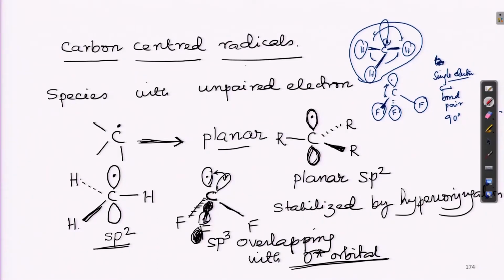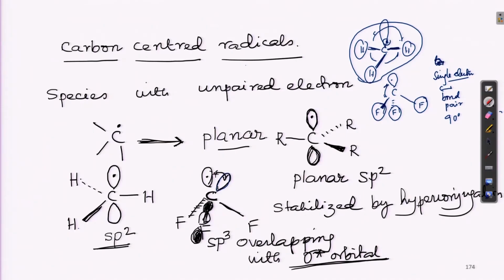Then what you can do, you can draw an antibonding orbital of the CF3, which has a bigger orbital at the back, which is vacant. That antibonding orbital of CF3 is no longer orthogonal with the singly occupied orbital, the single electron occupied orbital.